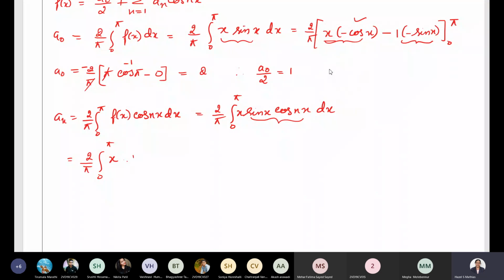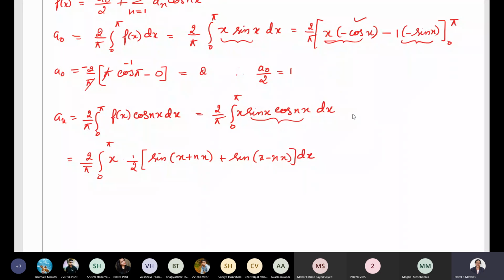So it is half times sin a plus b plus sin a minus b, so it will be sin (x plus nx) plus sin (x minus nx) into dx. Is it okay everyone? A plus b and a minus b formula.